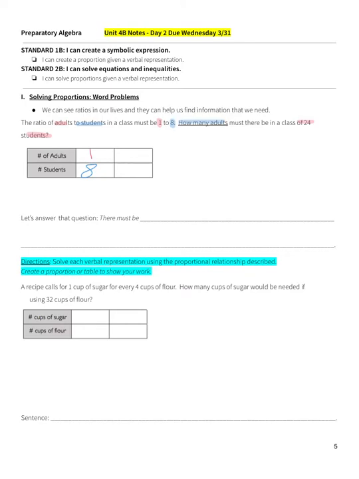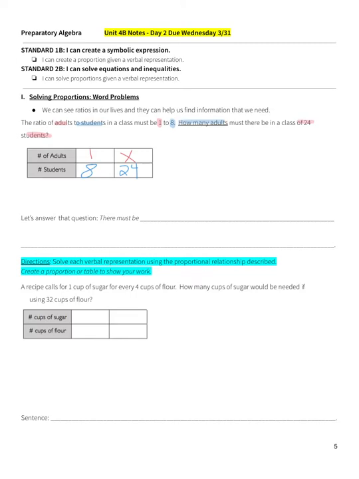That means we don't know it. It's our unknown. So I'm going to represent that with a variable. How many adults must be in a room if there are 24 students? So we're trying to keep this proportional. If we have 24 students, how can we keep that a ratio of 1 to 8? So my 24 students goes here. Now that I've set up my chart, I'm going to set up my proportions and solve.